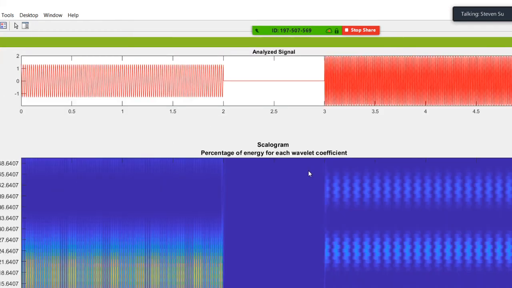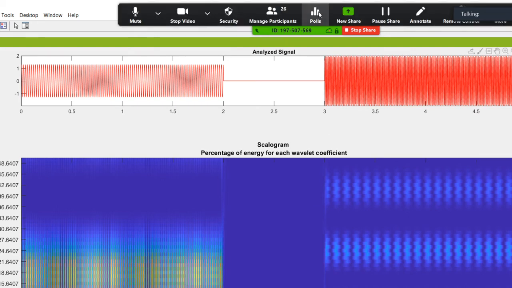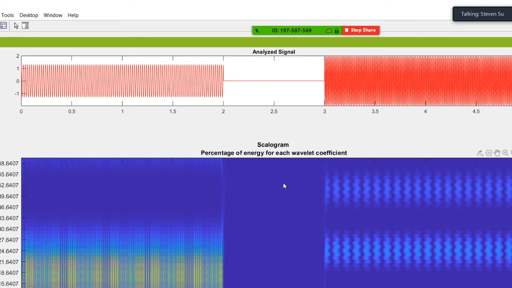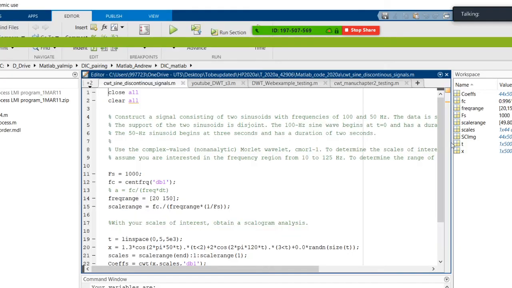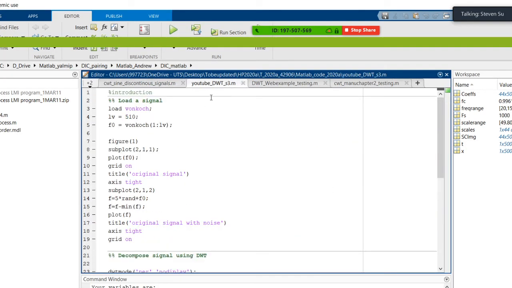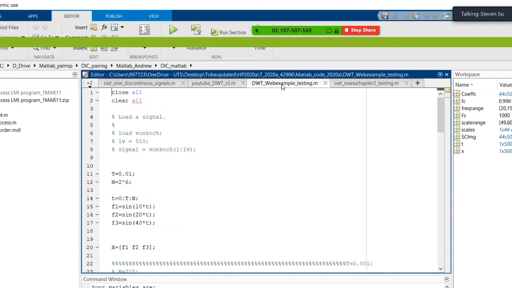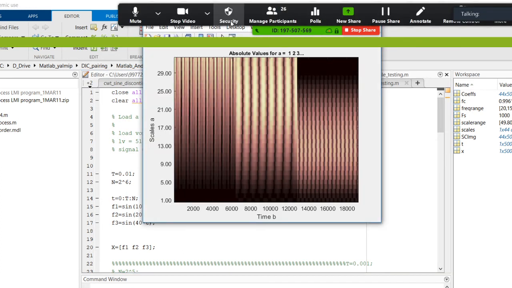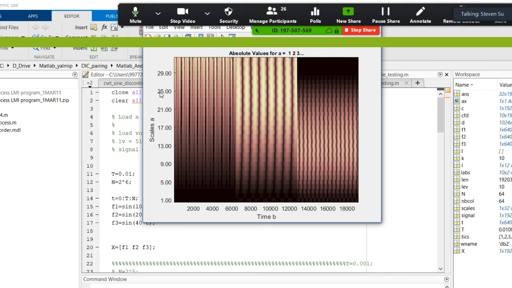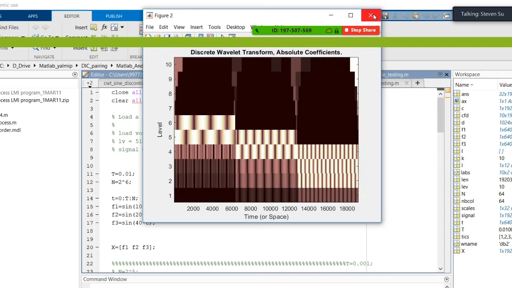You can see the wavelet can clearly identify the two very clear changes. We also have some denoise examples, I think DWT2 and DWT1. You can use DWT to implement CWT as well. So this is an example to analyze a signal.